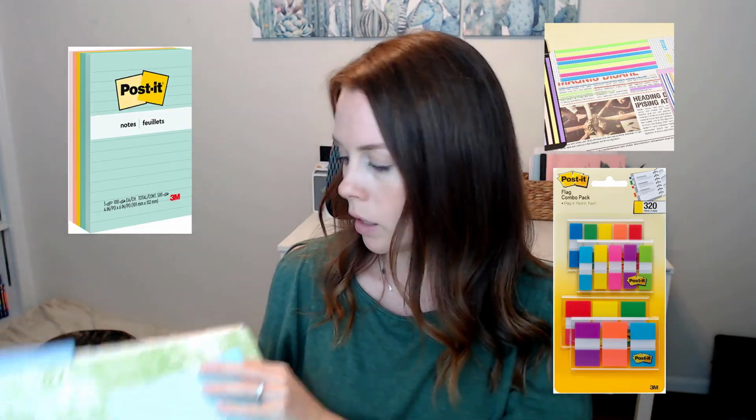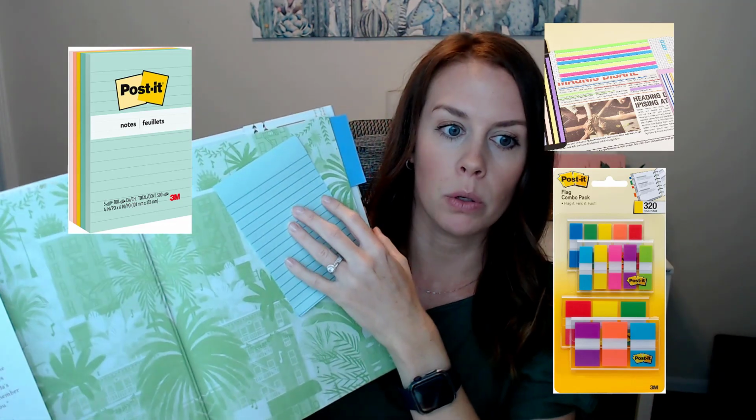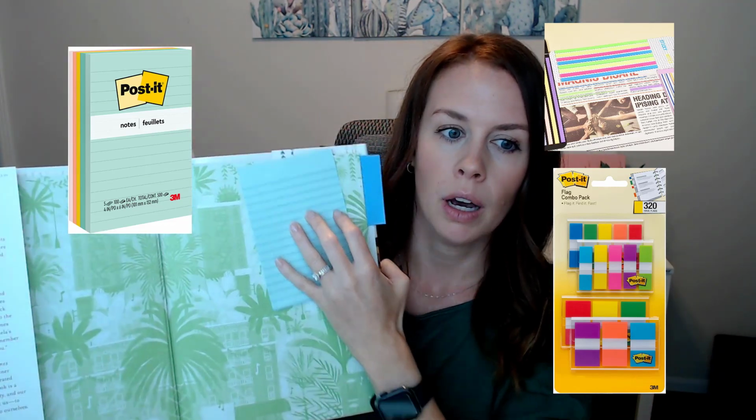Some teachers even choose to, before they read, put one of these longer post-it notes on the inside of the book so that they can either write questions before, during, and after, have those ready, or they could write pages to specifically focus on, like page 7 is a great opportunity to stop and talk about characters. So that's one option to do.